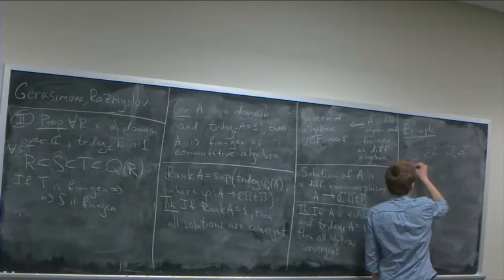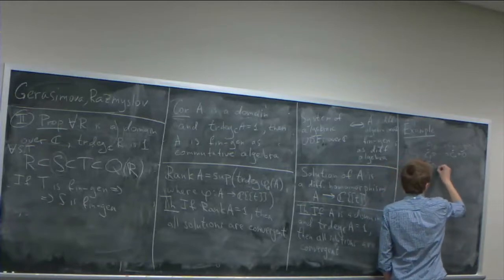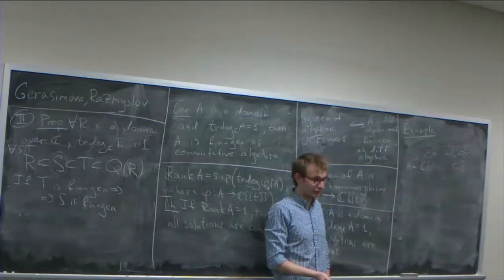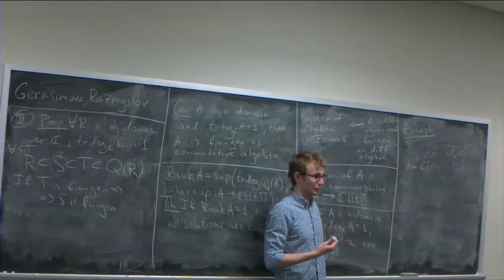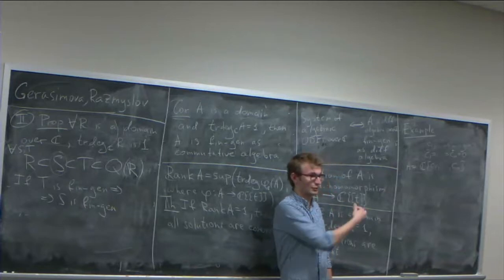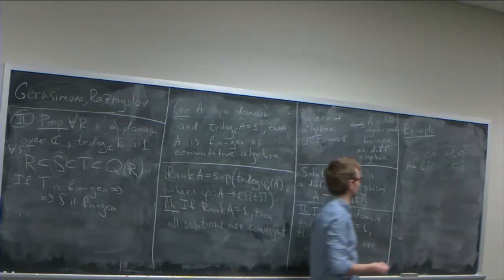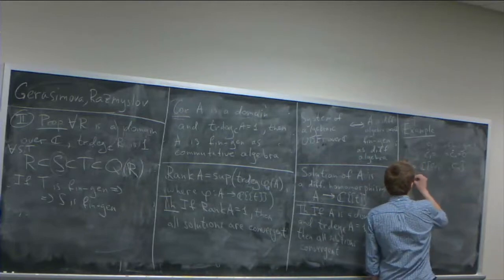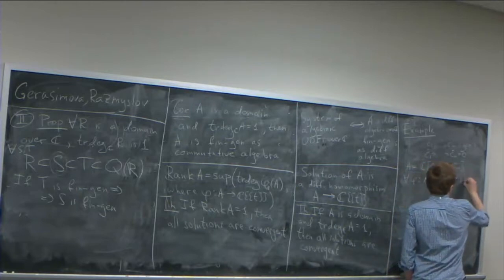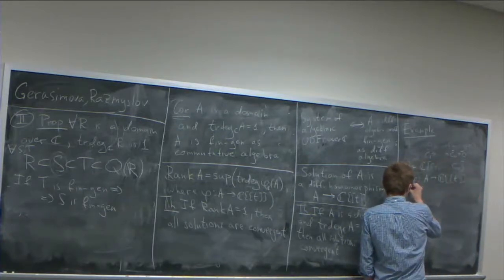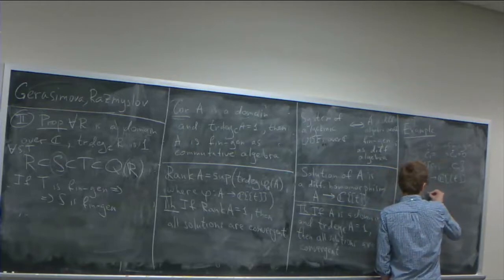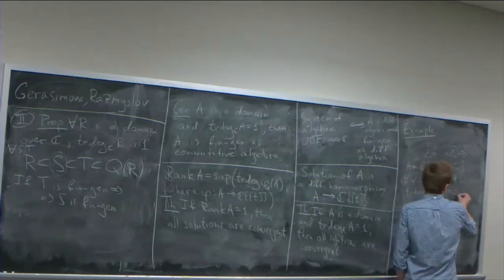Then my A will be isomorphic to a polynomial ring, so it will have transcendence degree n, but every homomorphism will have transcendence degree 0, because these constants have to go to some constant in C. So for every differential homomorphism to C((t)), the transcendence degree of the image of A is 0.